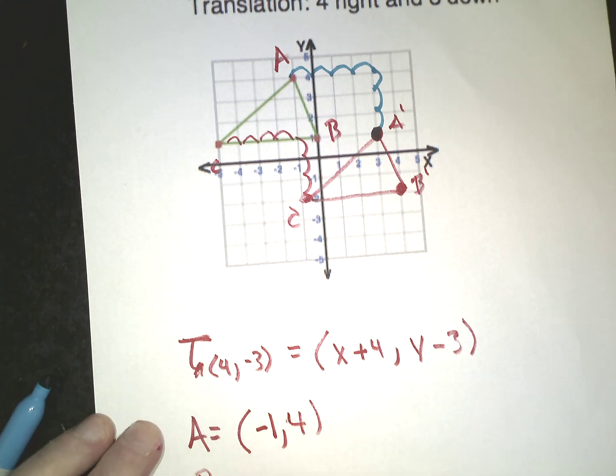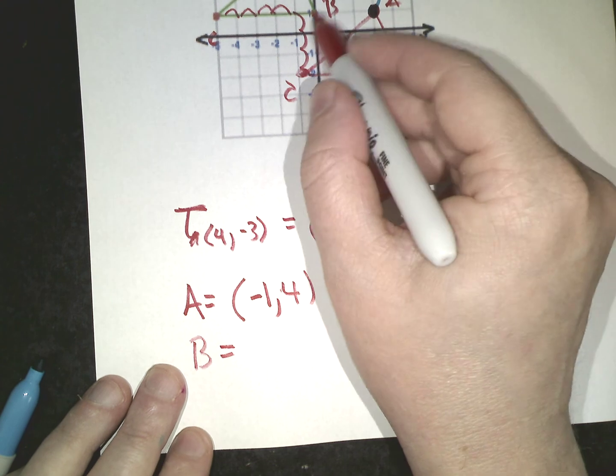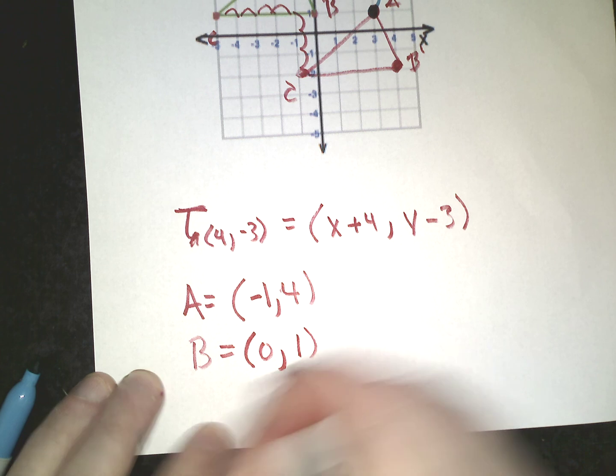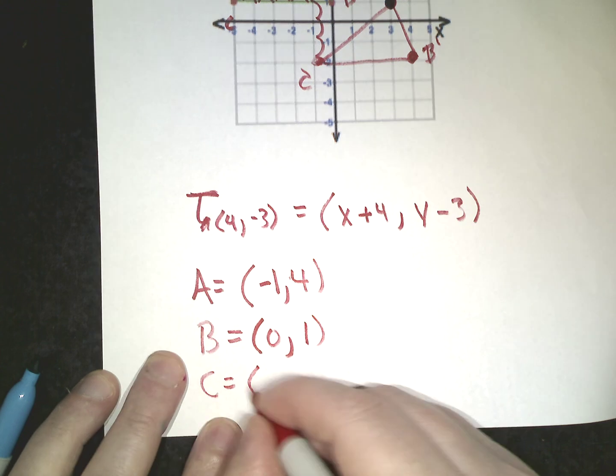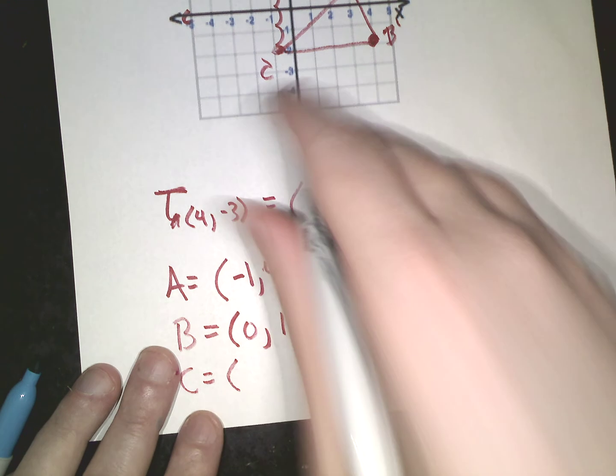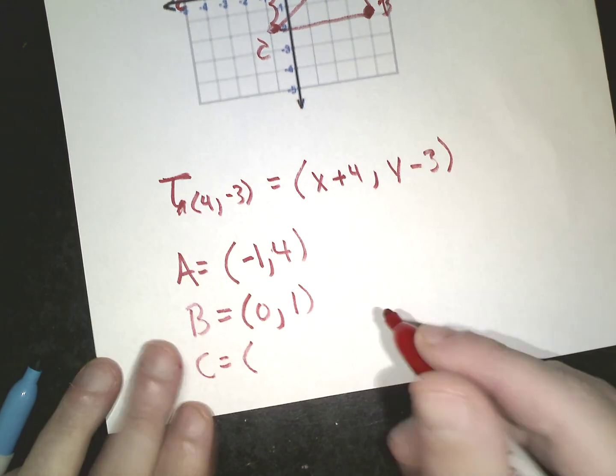My B, which is 0, 1. And my C, which is, this way you can show your work to me, and I know what you're doing. Okay, so this could get you partial credit even if you mess up here.